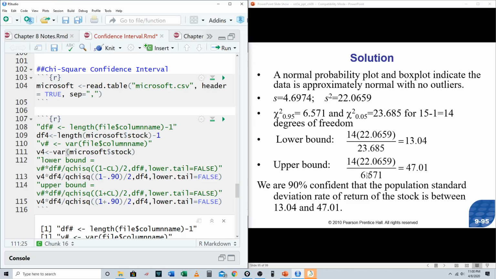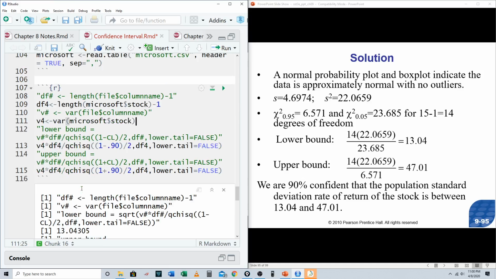This one, 1 minus your confidence level over 2, gives you your lower bound. So degree of freedom, your variance, that's your numerator. Then there's your denominator. I think we're good on everything.